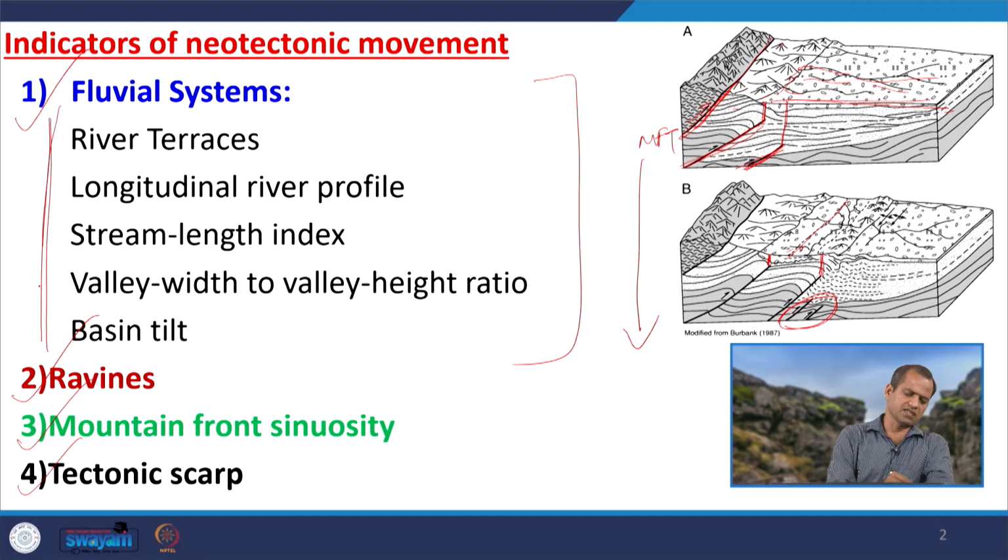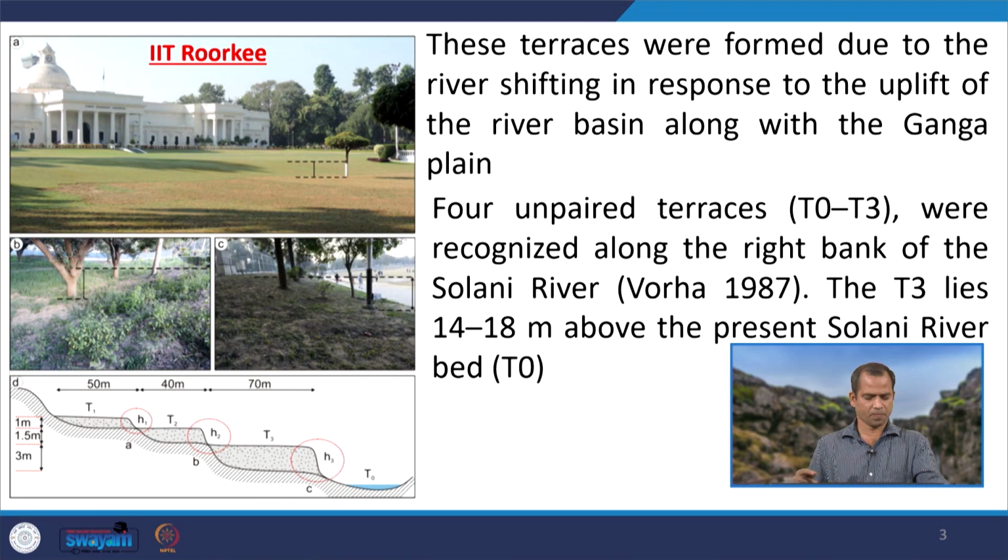That does not mean the larger channels do not respond. We will discuss these fluvial characteristics, like river terraces, longitudinal river profile, stream length index, valley width to height ratio and basin tilt, one by one, and see how they are used in detecting neotectonic movement.